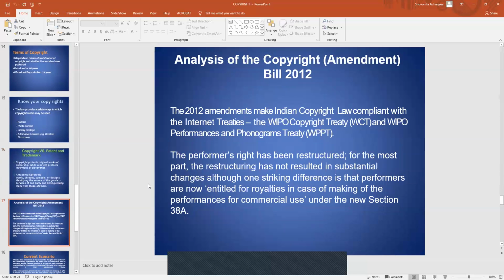Moving on to the main important thing, that is the analysis of the Copyright Amendment Bill 2012. Please understand, this 2012 amendment came over a decade after the Copyright Act 1957 was extensively amended in 2012 with far-reaching ramifications for all categories of stakeholders.